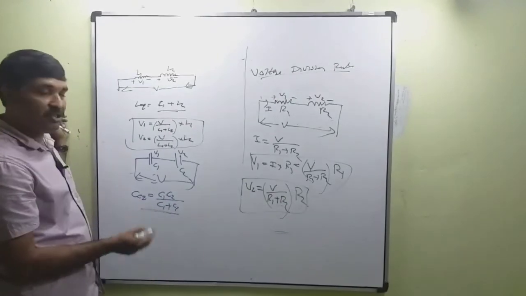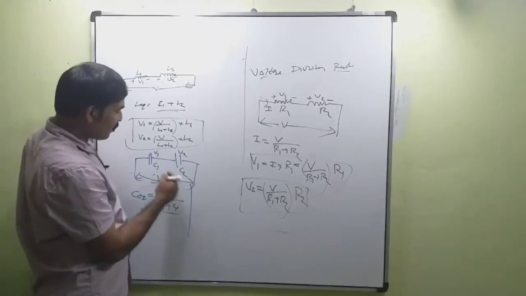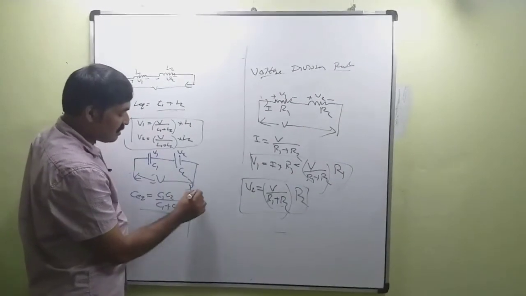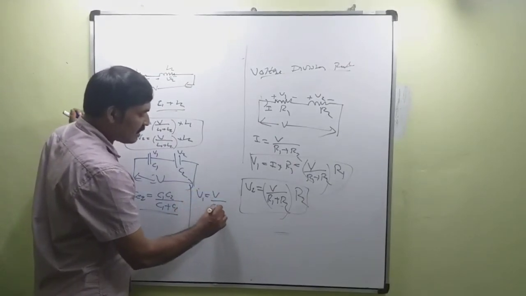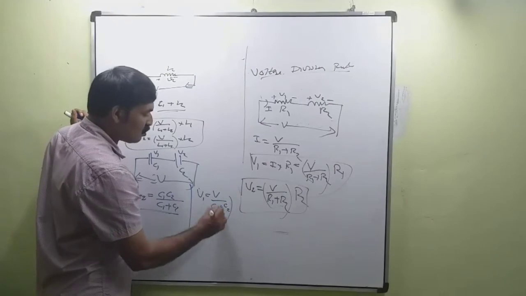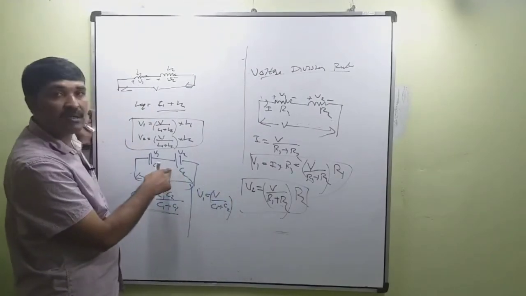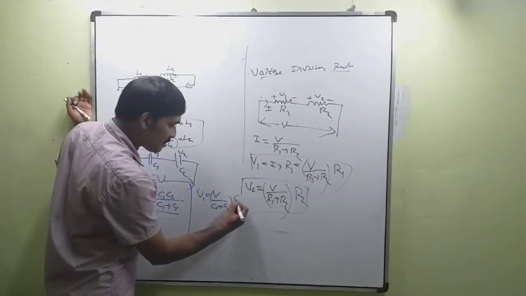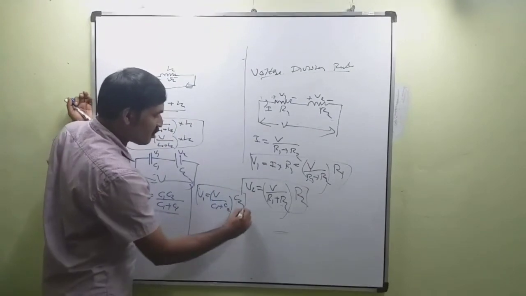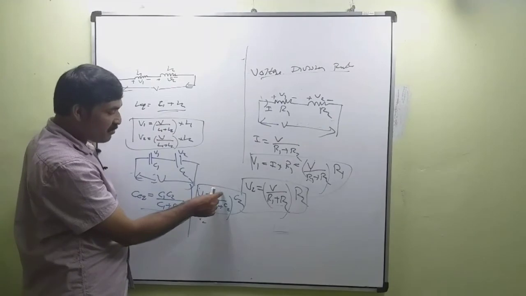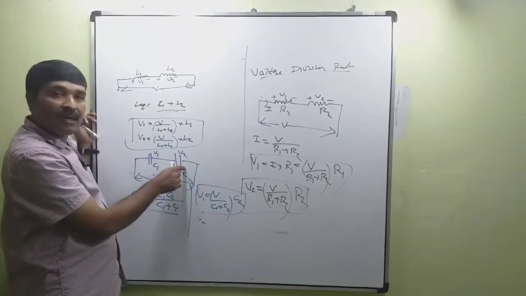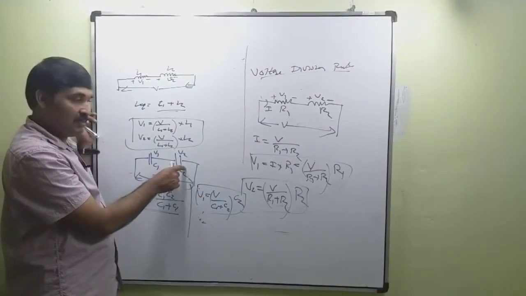So the voltage across the capacitance C1, that is V1, is equal to V divided by C1 plus C2 into the other value, that is C2. This much volt is the energy stored in C1. That means V by C1 plus C2 into the value of the other capacitance.